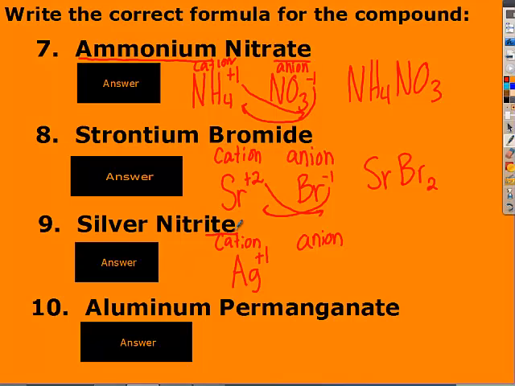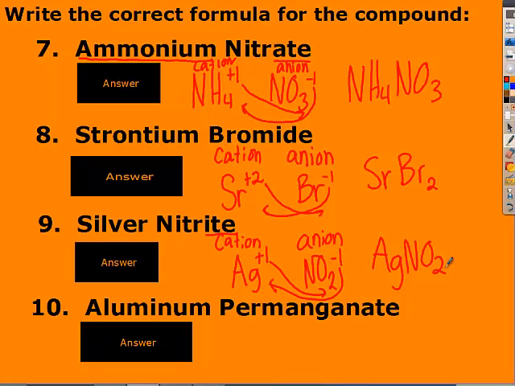Look at the polyatomic ions. Go down. Keep going. There it is. Nitrite. That is NO2 negative. So NO2 -1. I'm going to cross my charges. They're both 1, so I don't need any parentheses. AgNO2. And boom. That's the correct formula.